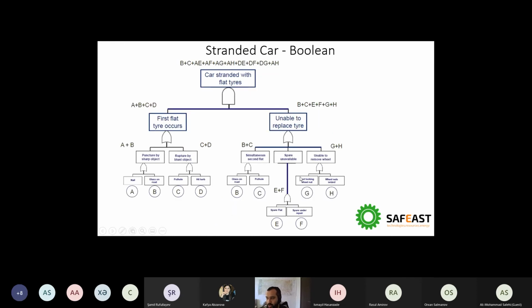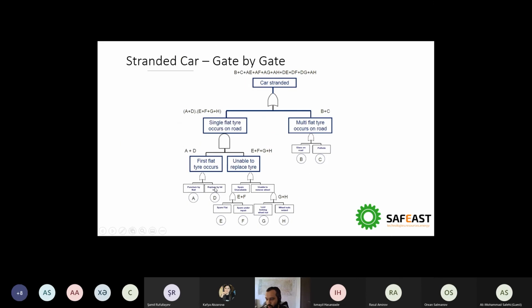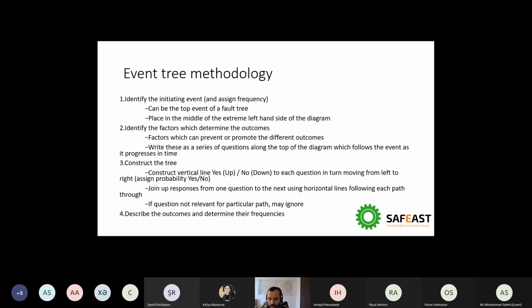So as you see, here we have got these two contributors, like a rupture by blunt object, which is pothole and heat curb, and we have got glass on road here, pothole here, glass on road here, pothole here, which is repeating itself. So we can just restructure the tree, and we will use them once, where you can use simple math. So this is about fault tree, and moving on to event tree.